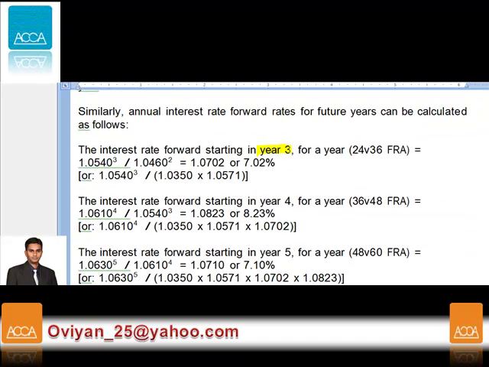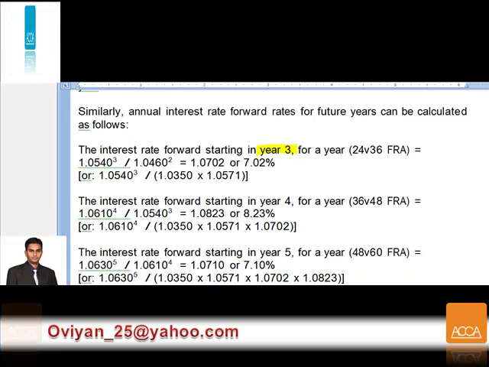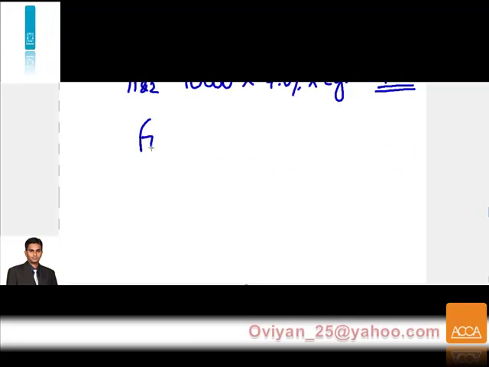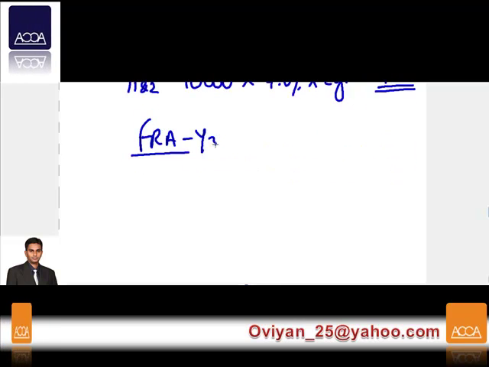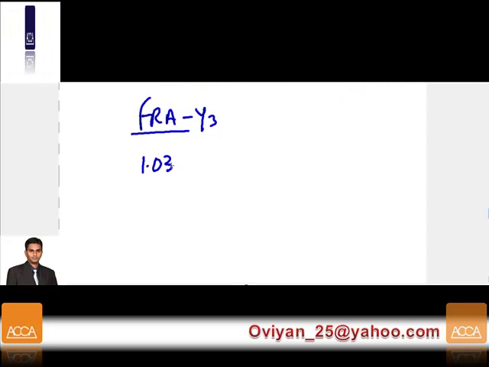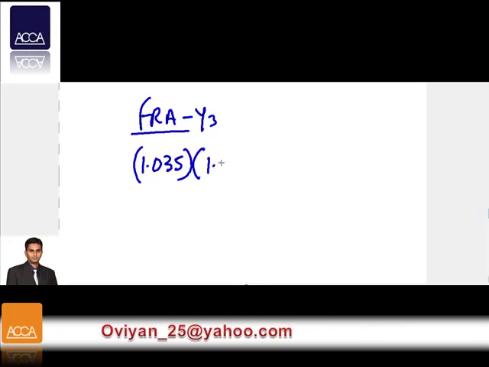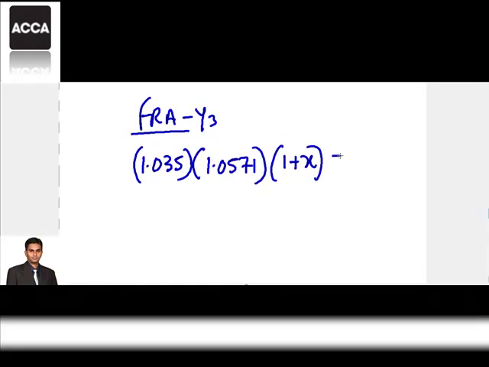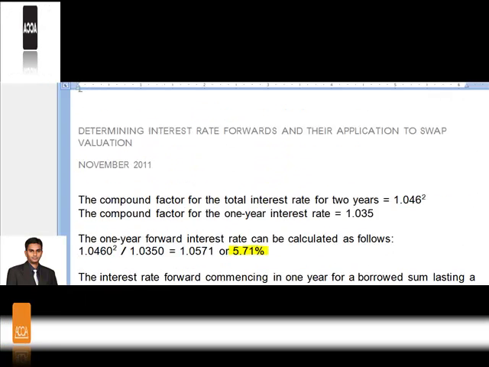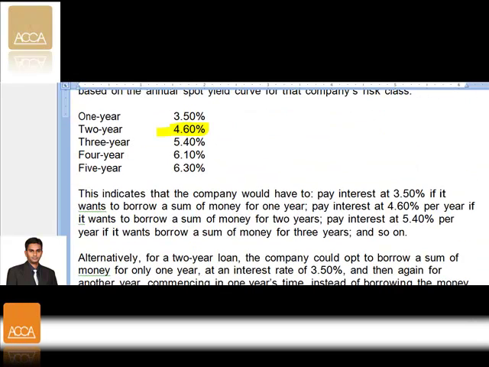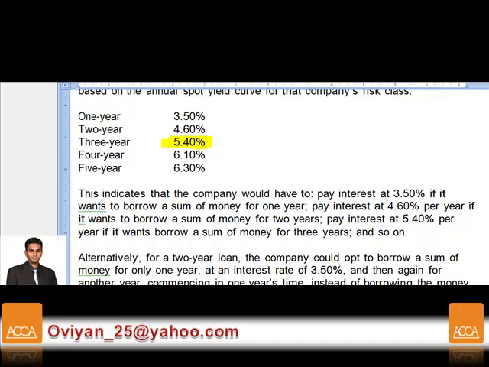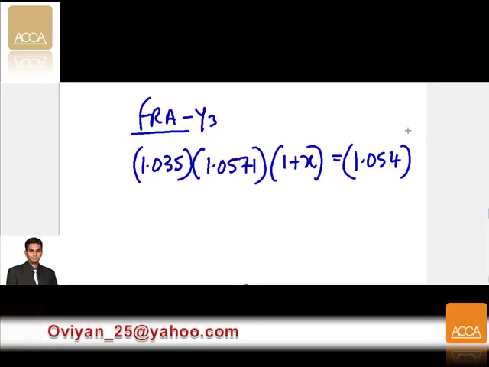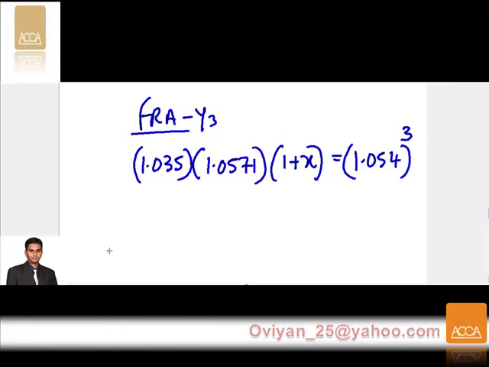Similarly, if you want to know the FRA rate for 3 years from today, then it's going to be for year 3. So it's going to be 1.035 multiplied by 1.0571 multiplied by 1 plus x, which is equal to borrowing for a 3-year period at a rate of 5.4%, the lock-in rate. 1.054 for 3 times, in other words, is equal to 3 times the rates here.